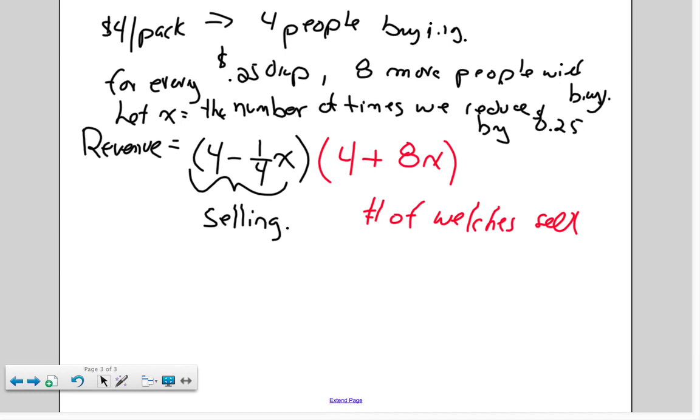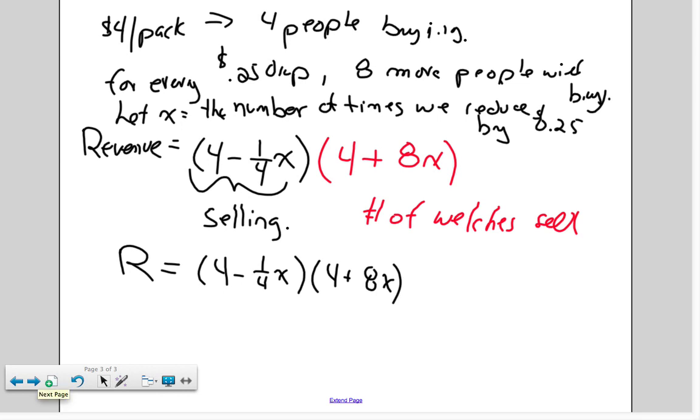So here we have revenue. I'm just going to call it big R, is equal to 4 minus 1/4 x, times 4 plus 8x. Okay, so I'm going to expand this.